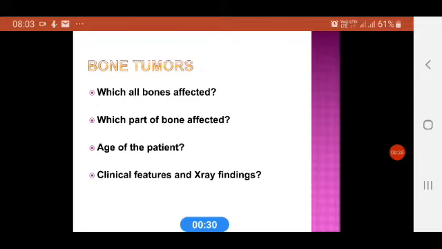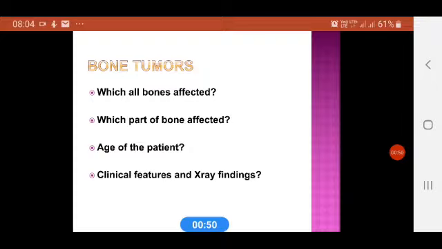It's the summation of all that that we arrive at a particular diagnosis of a particular bone tumor. Sitting only with the microscopic slide and diagnosing a bone tumor would be evidently wrong. So, clinical correlation in the case of bone tumors is very, very important.